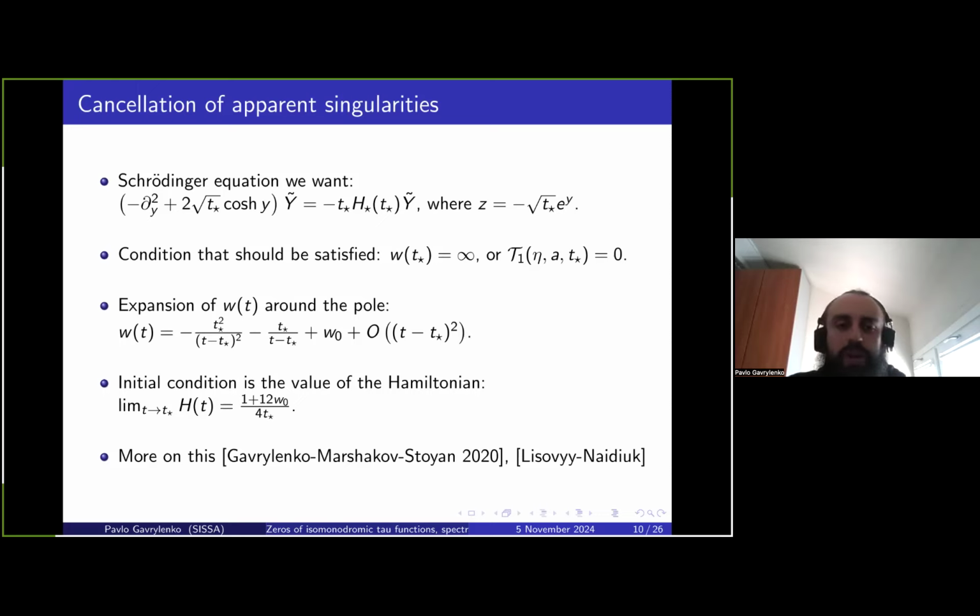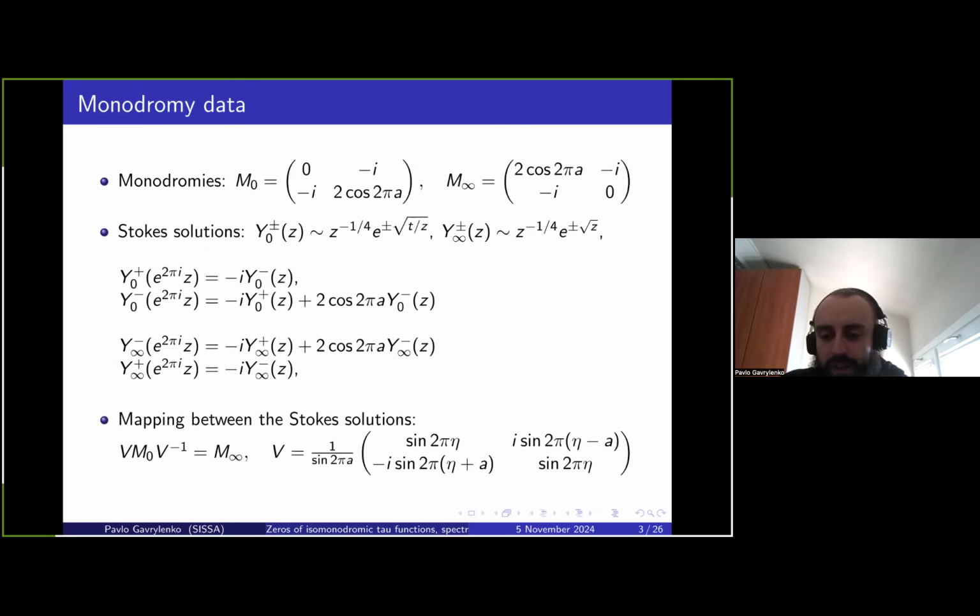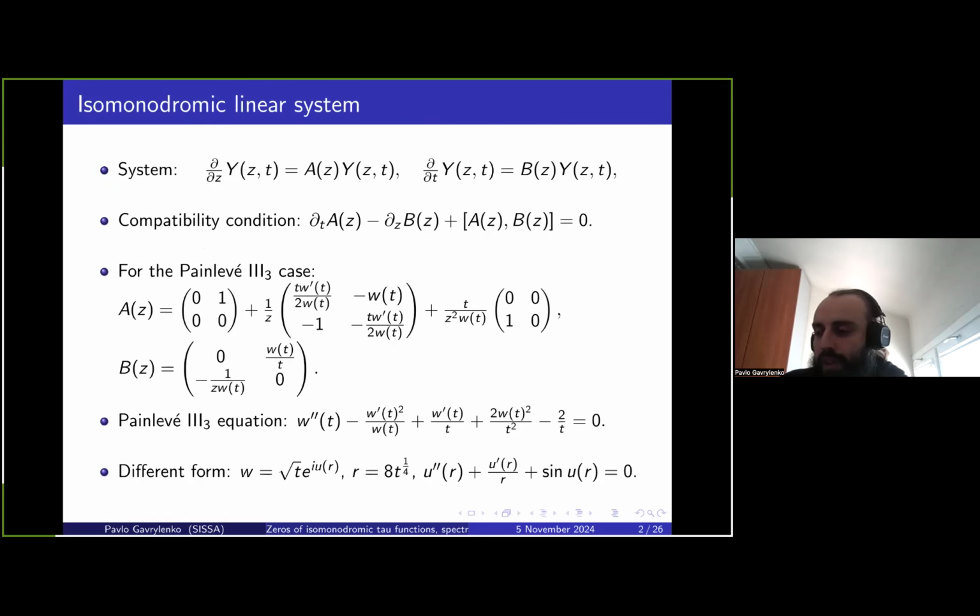So if you compare this potential with the original Painlevé equation, we note that one problem is a quantum autonomous system with cosh or cosine potential, and another is a classical non-autonomous system with the same potential. And it's not a coincidence, it is always like this.